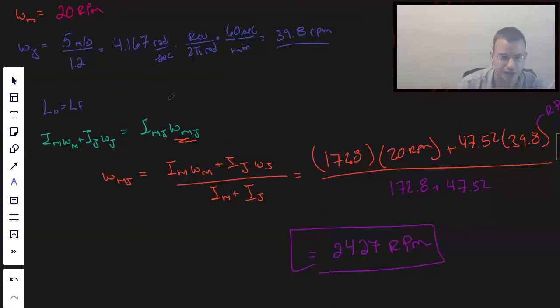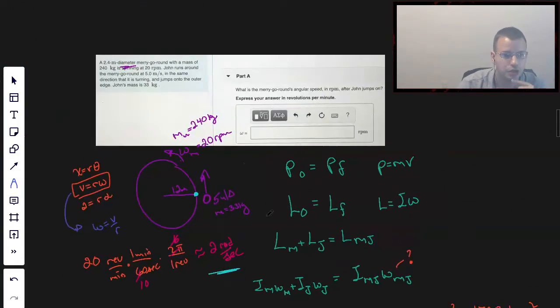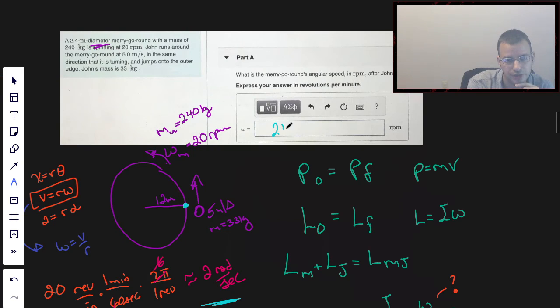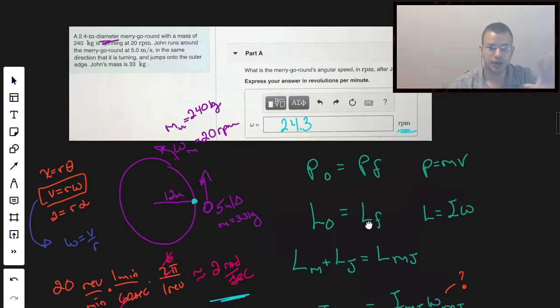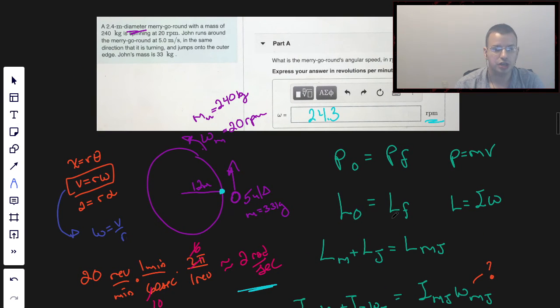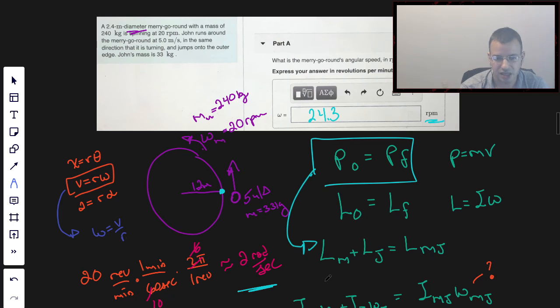All right, so let's backtrack real quick. 24.3 rotations per minute. So this problem here was conservation of angular momentum. So we started with the idea of initial momentum equals final momentum. I write it out usually in the linear form, just because that's the only formula I memorize. We then write out the angular equivalent.